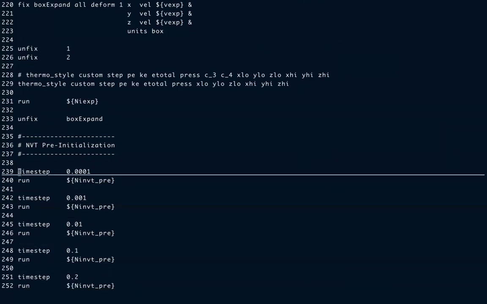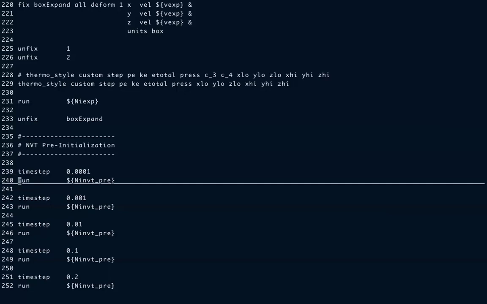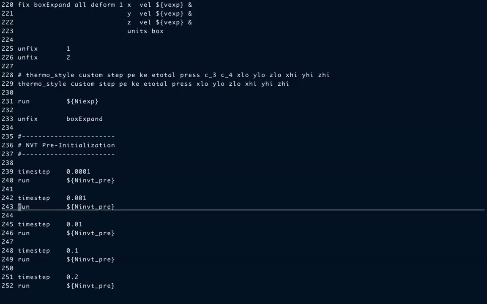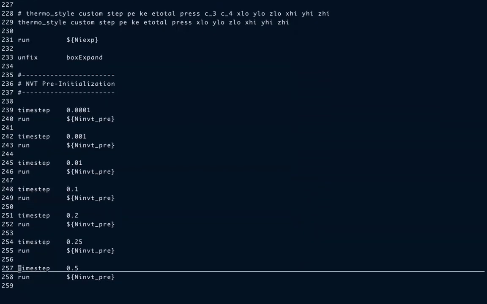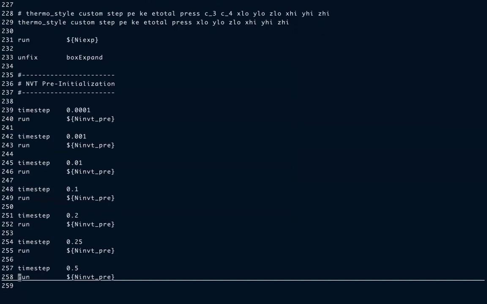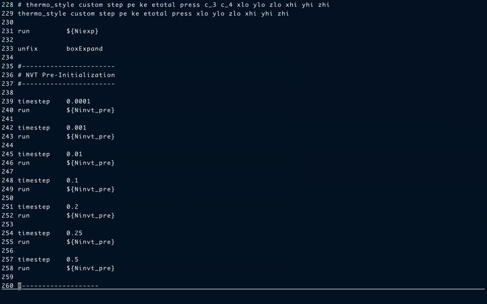I start with a very small time step of 0.001 and I increase it in orders of magnitude of 10 until I reach a time step of 0.5, and I perform a series of intermediate simulations in the so-called pre-initialization step. This allows the system to gradually relax towards equilibrium and also attain the temperature that we wish to equilibrate it at.